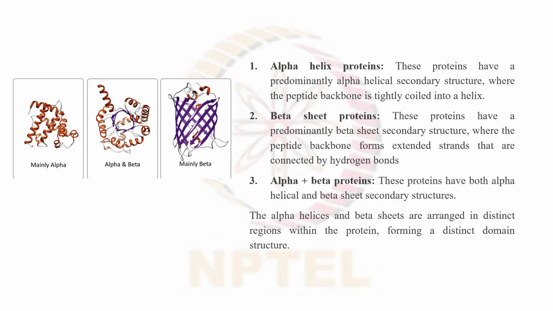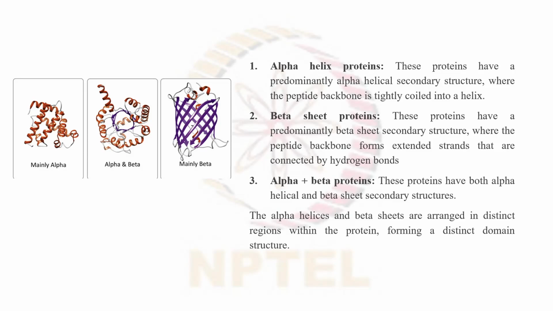And the third class is alpha plus beta proteins. These proteins have both alpha helical and beta sheet secondary structures. The alpha helices and beta sheets are arranged in distinct regions within the proteins, forming a distinct domain structure. Examples of alpha plus beta proteins include triosephosphate isomerase and alcohol dehydrogenase.